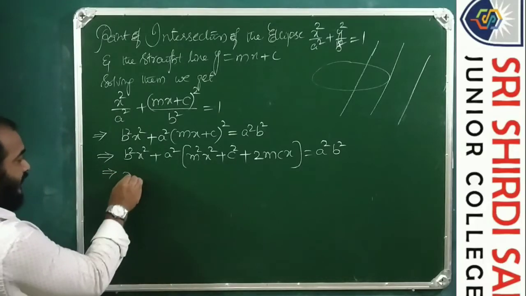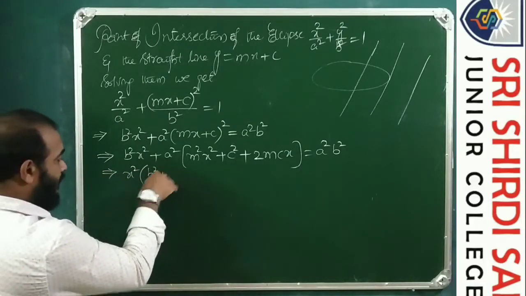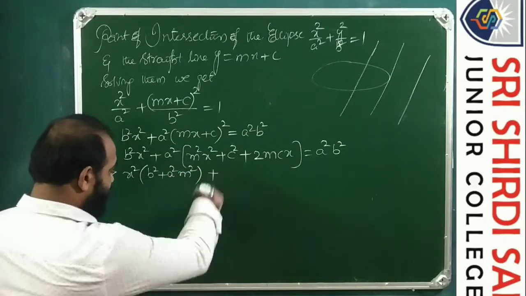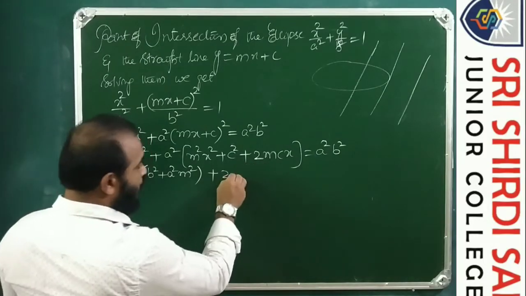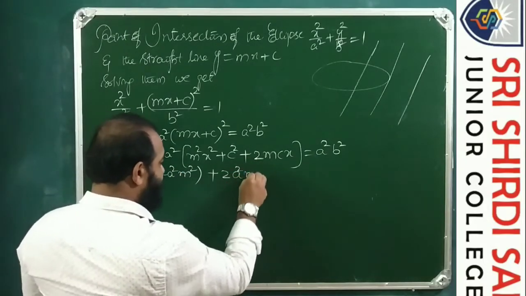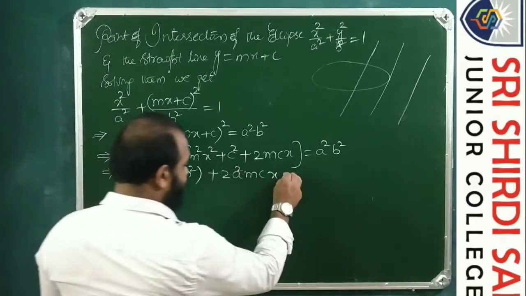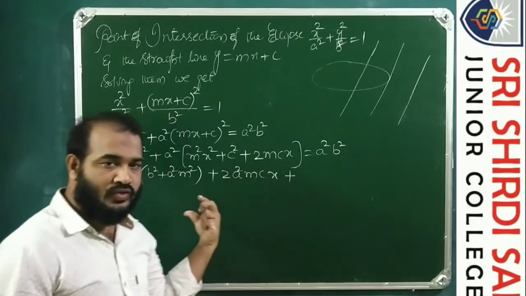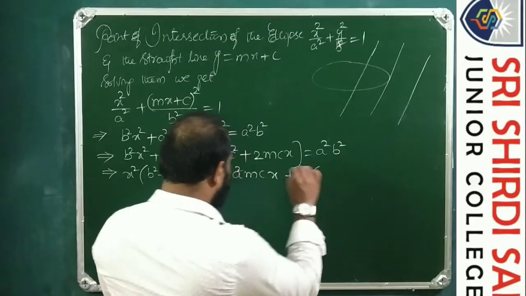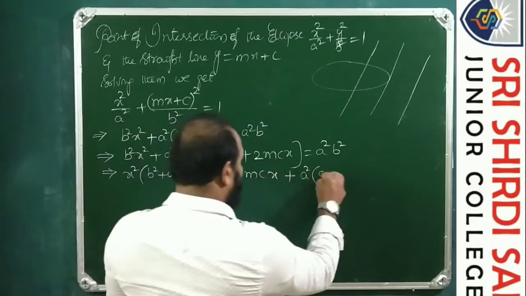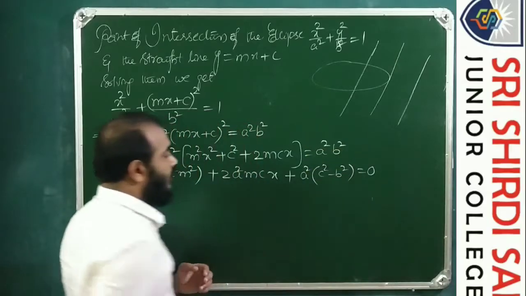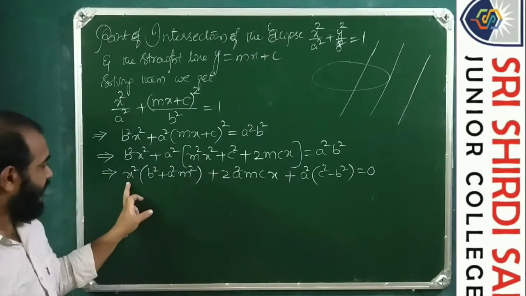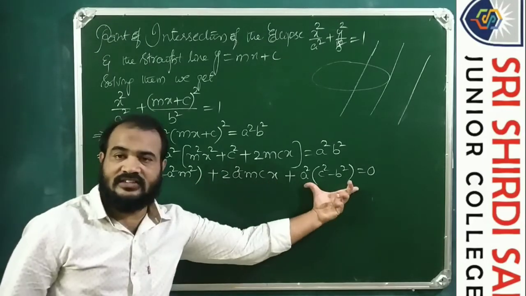Now this is x square into b square plus a square m square, plus 2 a square mcx, plus a square c square. Plus a square b square, if you transpose onto the other side, this is a square into c square minus b square is equal to 0. If you see, this is a quadratic equation in x square, x and constant equals to 0.